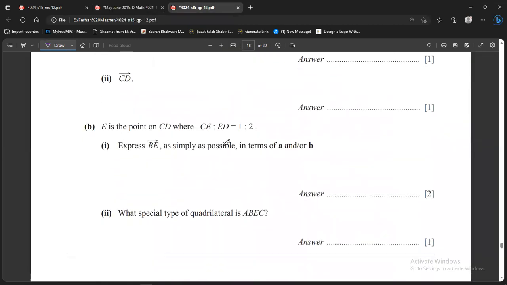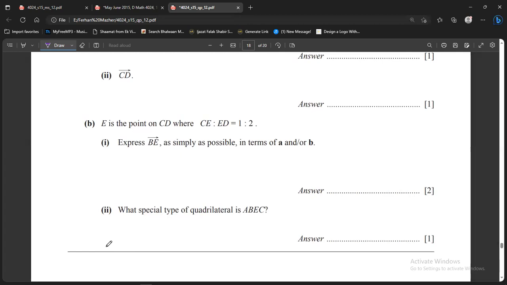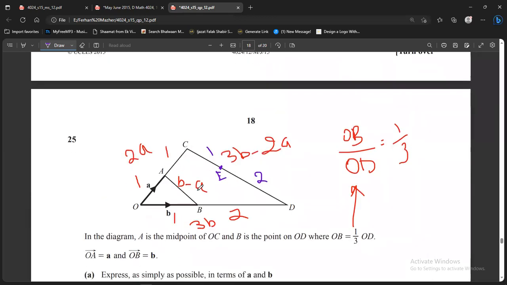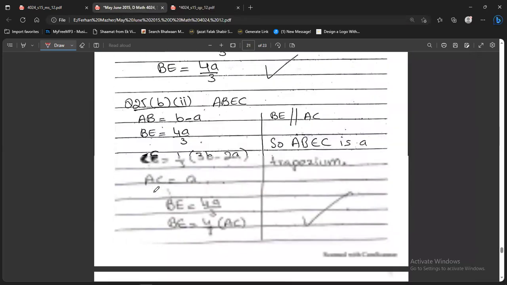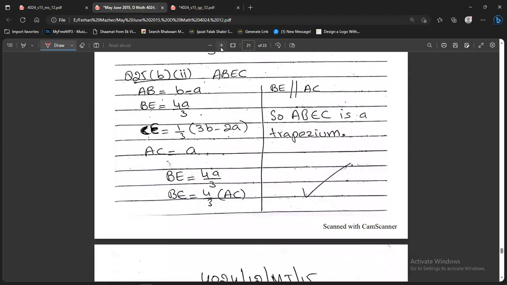Now he says, what special type of quadrilateral is ABEC? So when I joined this with this, let me show from here.